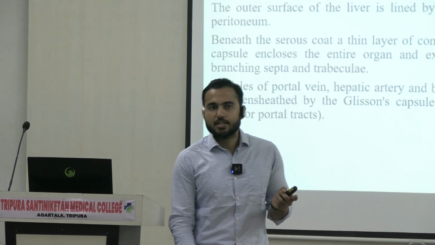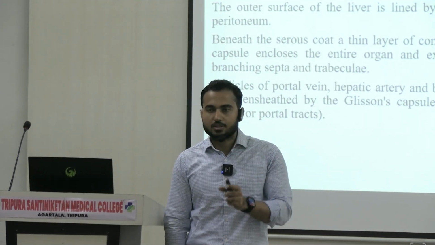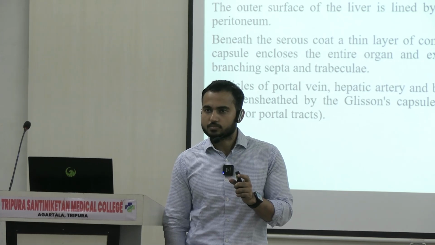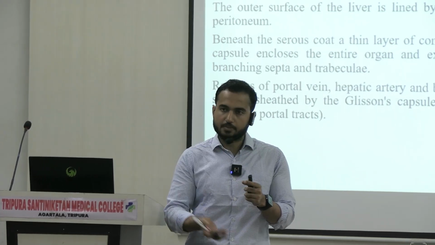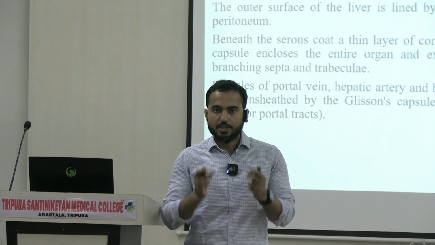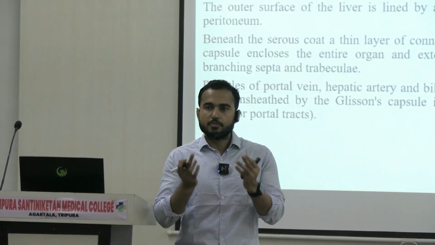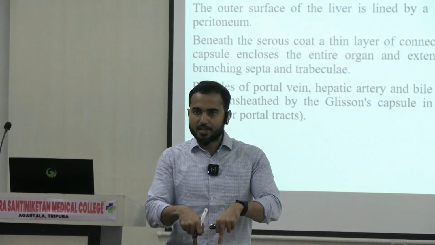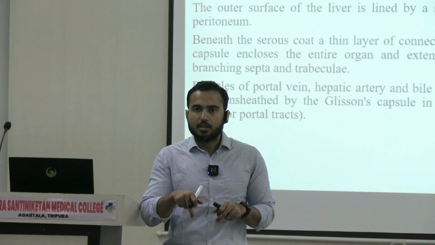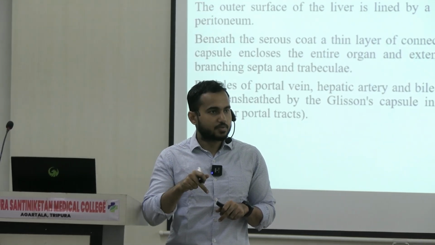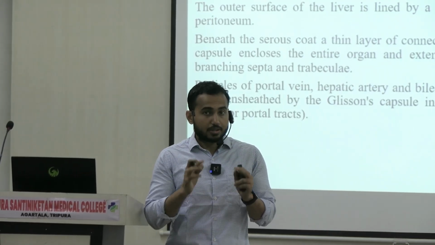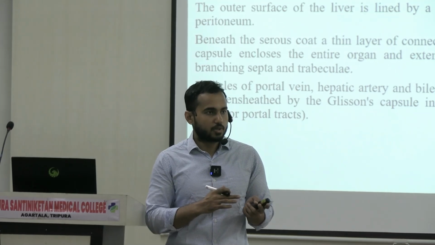So first, as I said, stroma and parenchyma. Next, the organ is completely covered by a connective tissue capsule that surrounds it. It sends septa inside it, and along with that septa, blood vessels and nerves will enter. That is the part of stroma, the supporting part.